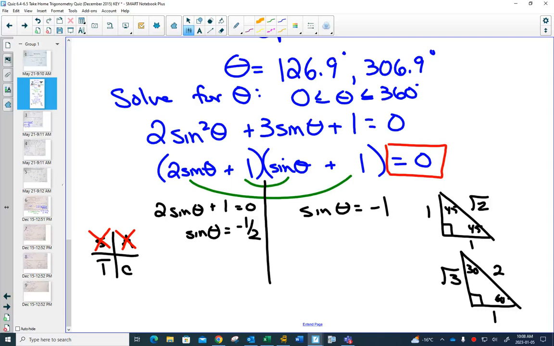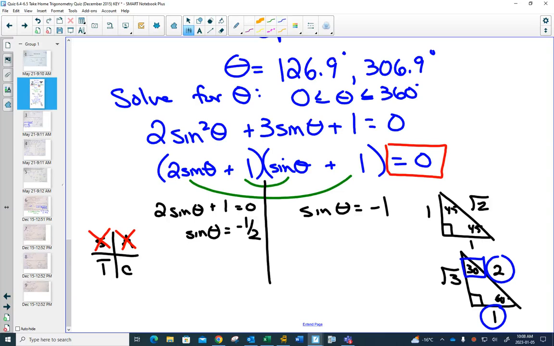So 1/2 would show up as this side here divided by the hypotenuse. For sine, sine is opposite over hypotenuse. Can you see that the angle that that uses to be opposite over hypotenuse would be the 30 degrees?